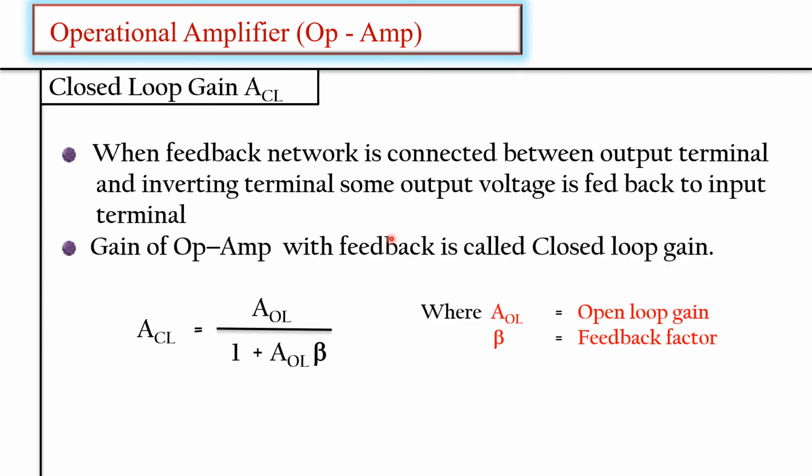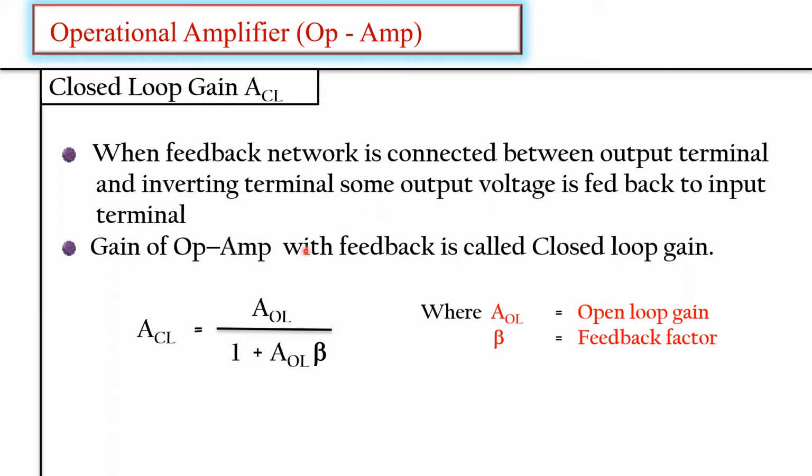Now students, let us see the next parameter, that is closed loop gain ACL. When the feedback network is connected between the output terminal and the inverting terminal, some output voltage is fed back to the input terminal, right? That is a closed loop.